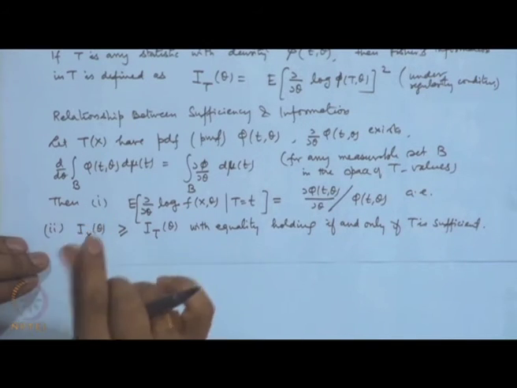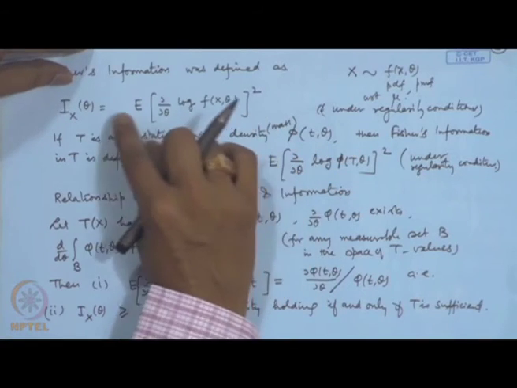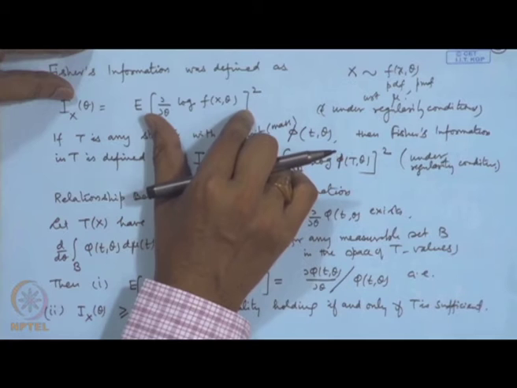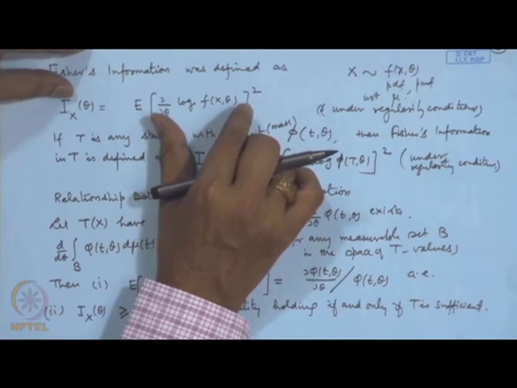So, this is the physical meaning of the concept of sufficiency, if we consider this definition of information, because I_X(theta) we call the information in the sample. What we are saying is that there is no loss of information if we consider a sufficient statistic. So, let me prove this theorem here.